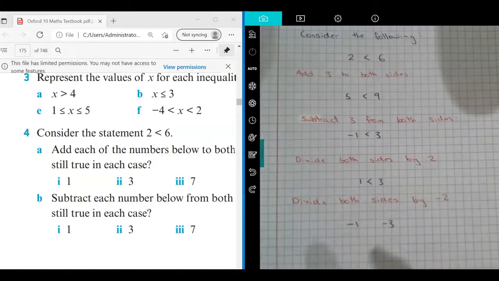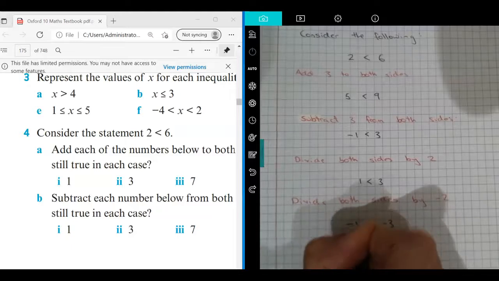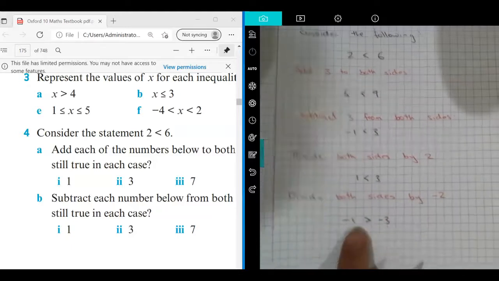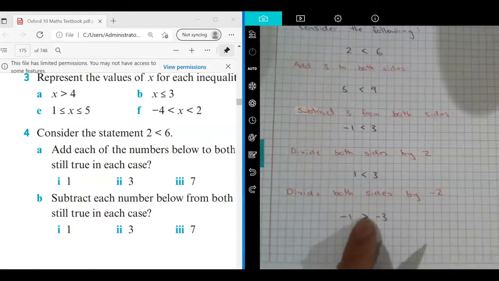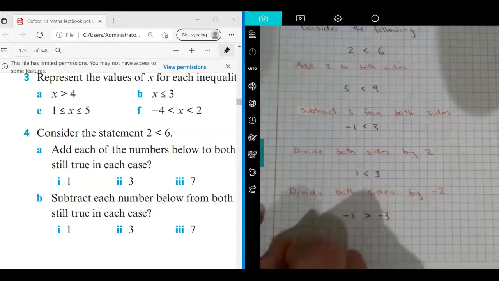Now this is interesting because negative 1 is greater than negative 3. So you can see that when we've done this division by a negative value, the inequality sign actually changes. And when we're solving linear inequalities, whenever we multiply or divide by a negative value, that occurs. The inequality sign changes.